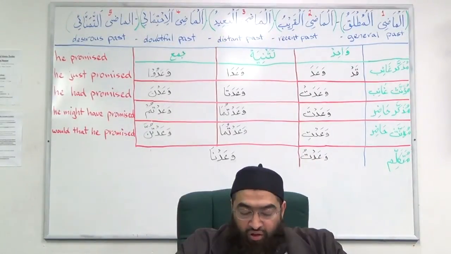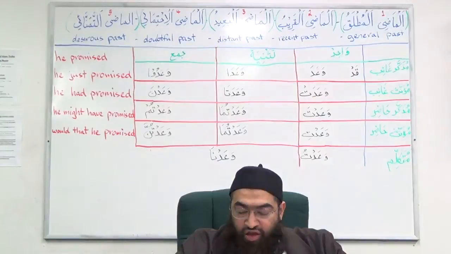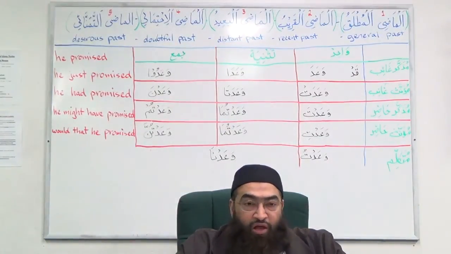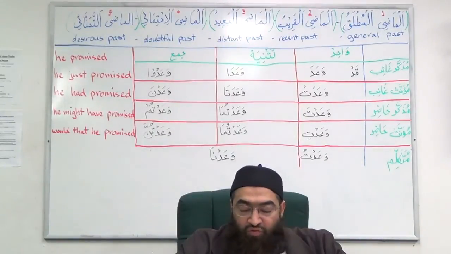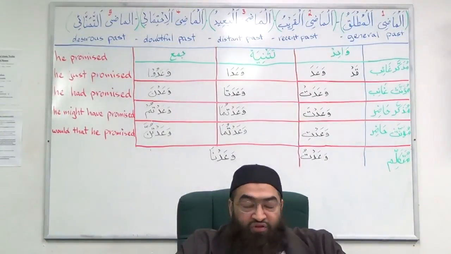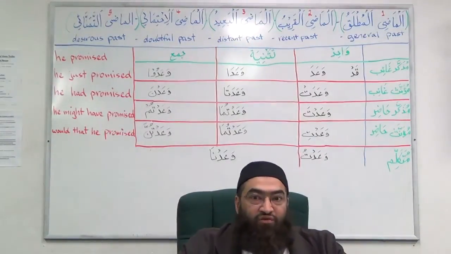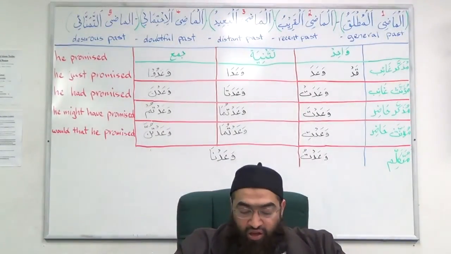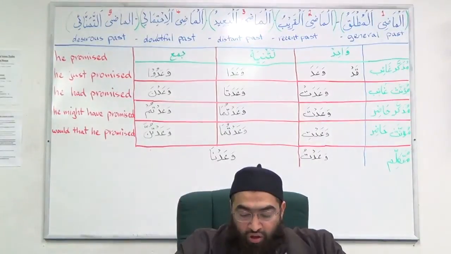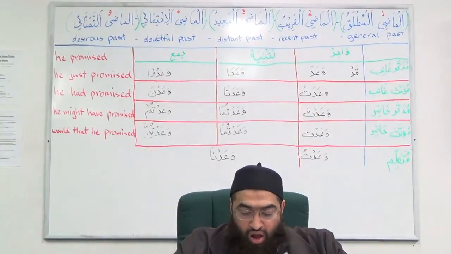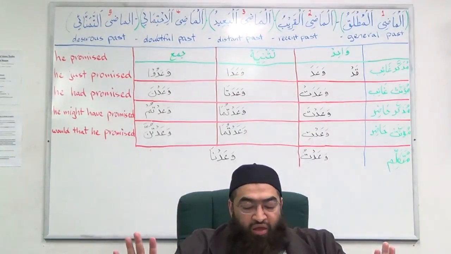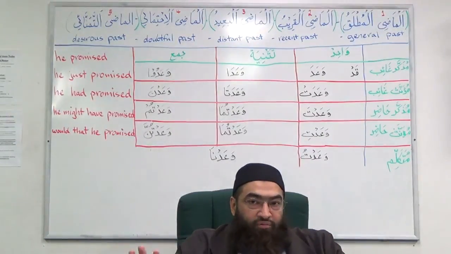You put a dhamma on the fa kalima and a kasra on the ain kalima and leave the fatha on the lam kalima. So we said this in the last class also, and we said it in the class before that also. So this is the third time I'm repeating it. So we all know how to make fi'l al-madi majhool, right?